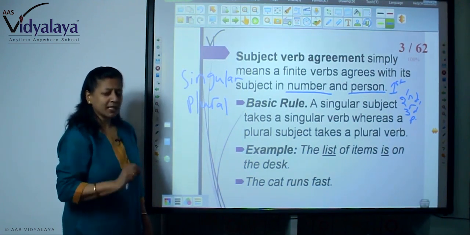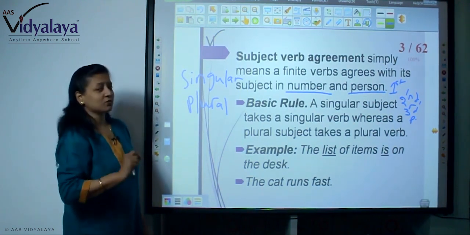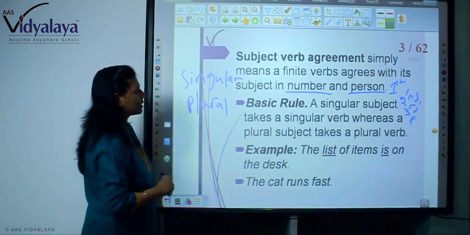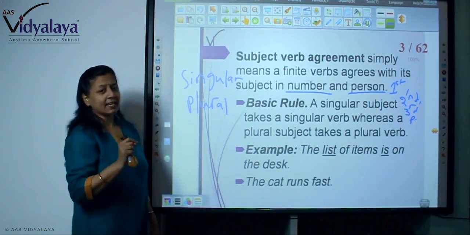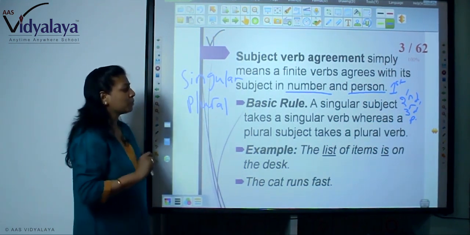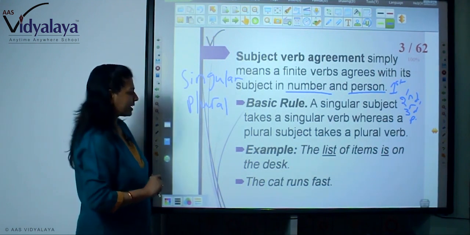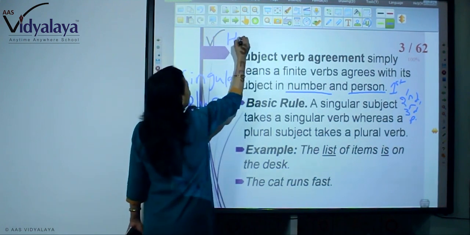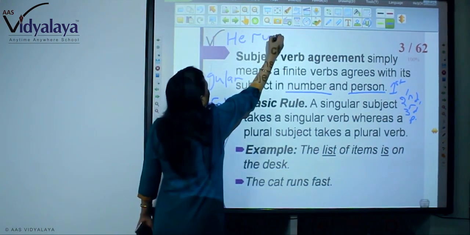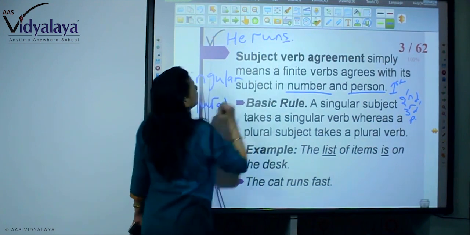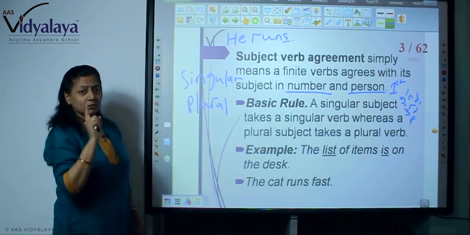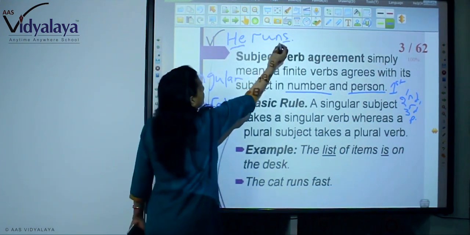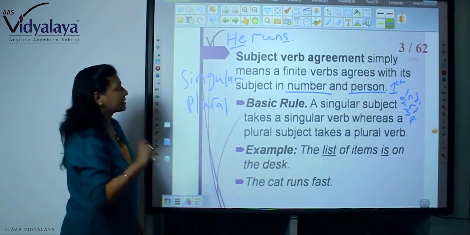So students, please be attentive in this class, and this is a very important class. Now, what is the basic rule? A singular subject takes a singular verb, right? And plural takes plural verb. For example, here you can write: he runs, right? Here you are seeing the verb that is in present and this is singular, and so we have added s, runs.